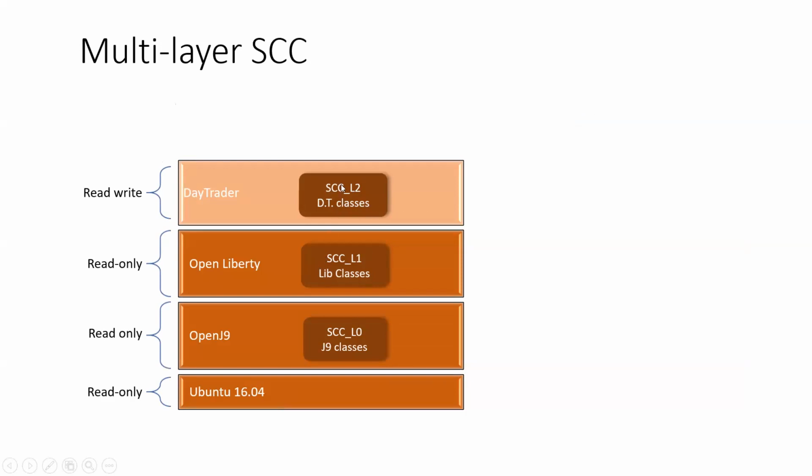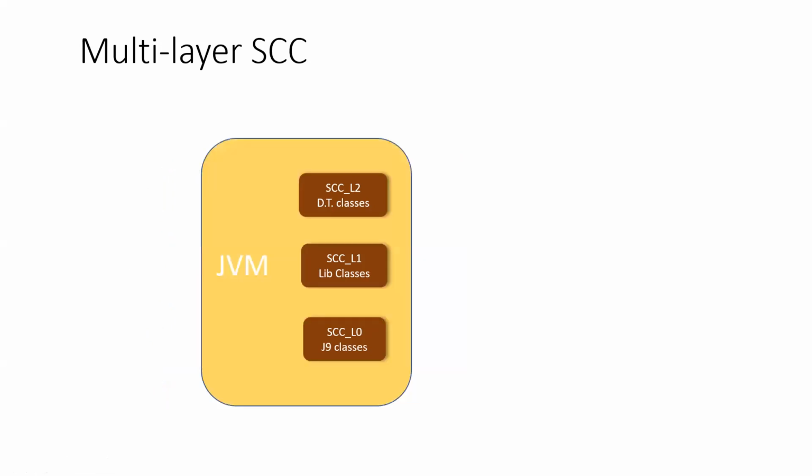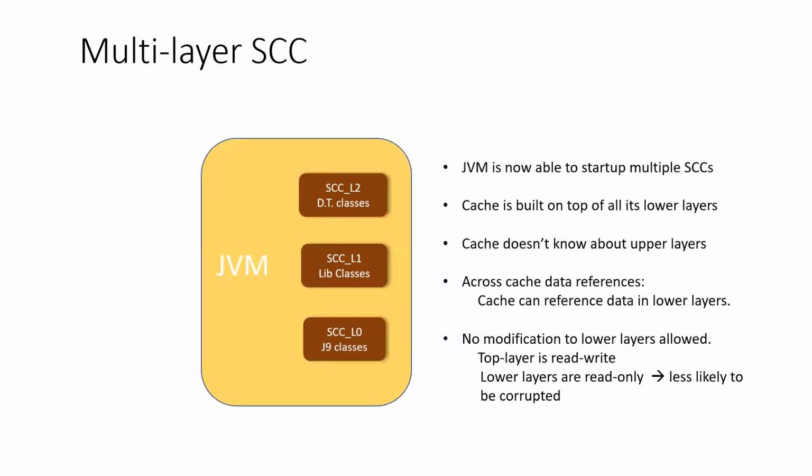So there's no duplication of J9 classes and Liberty classes in the top layer. So we will avoid the Docker copy on write mechanism. This means that now the JVM is able to start up with multiple shared class caches, the same as Docker layers.